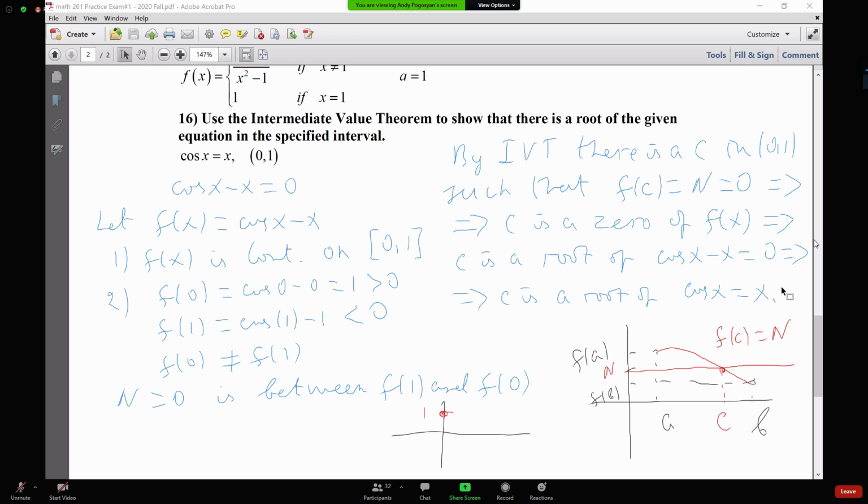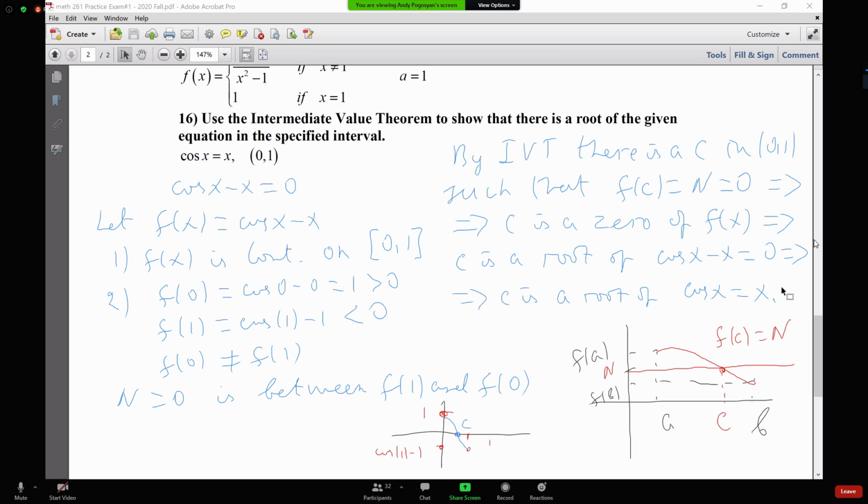If it's 1, somewhere here, let's say a negative number. This is cosine 1 minus 1. Let's assume this point here. Now, if you draw the line through here to here, at some point it should cross. n is 0. So that means we have a root there.